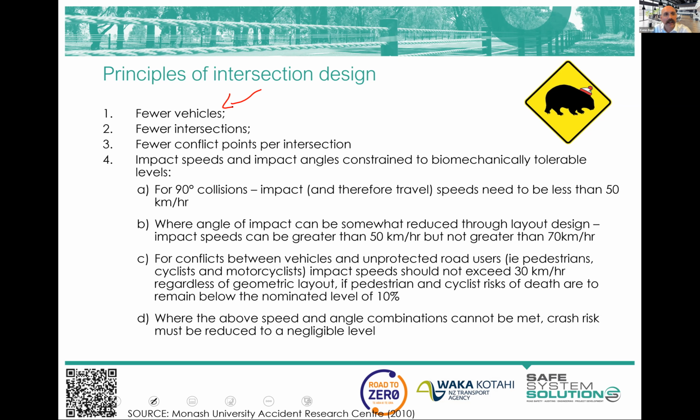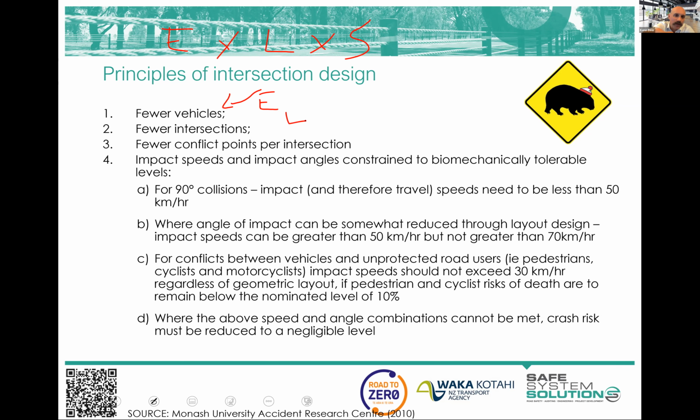Interesting way to start thinking about intersection design is how do you get fewer vehicles? If we look back at our exposure times likelihood times severity, fewer vehicles changes the exposure to crashes because less people or less vehicles are exposed.